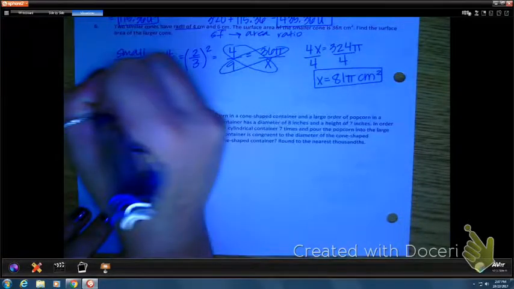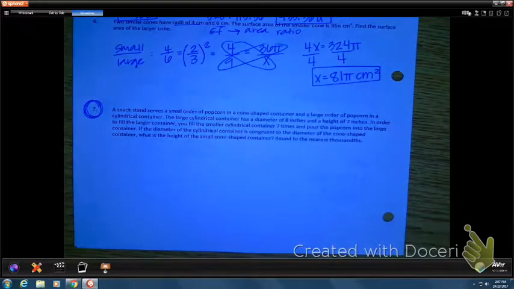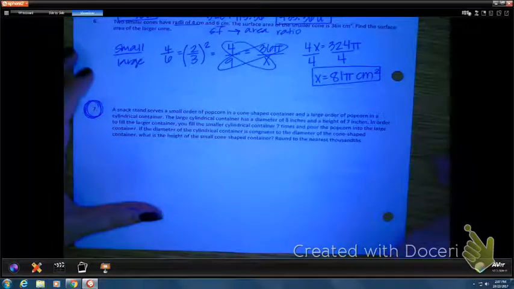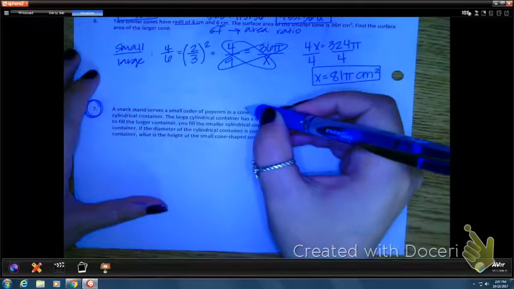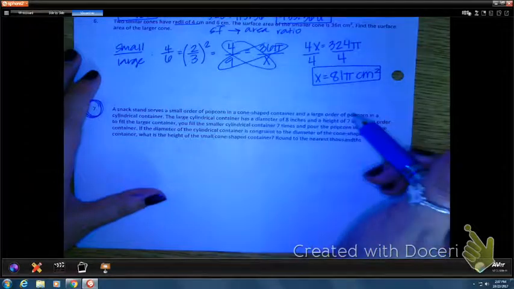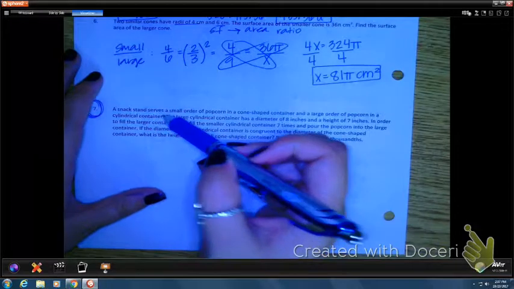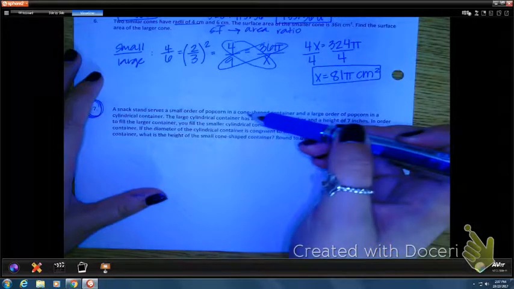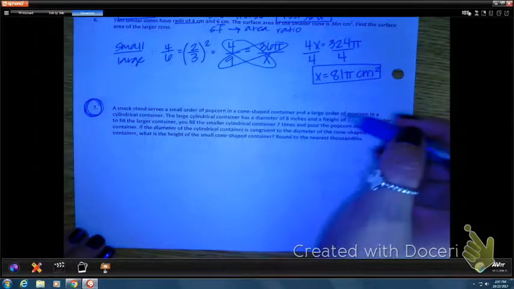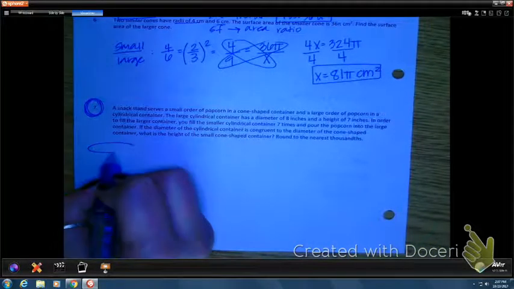So circle it, star it, whatever you want to do. A snack stand serves a small order of popcorn in a cone-shaped container and a large order of popcorn in a cylindrical container. The large cylindrical container has a diameter of 8 inches and a height of 7 inches. So I'm going to draw my cylindrical container.